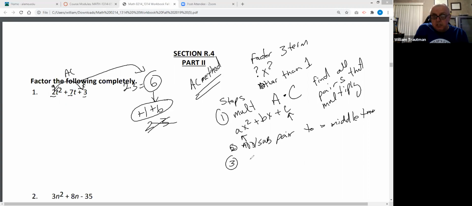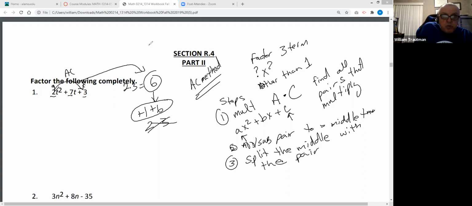Step 3, split the middle. Split the middle with the pair. In other words, I'm going to just erase this. I'm going to split the middle. I'm going to use these two, 1x plus 6x.